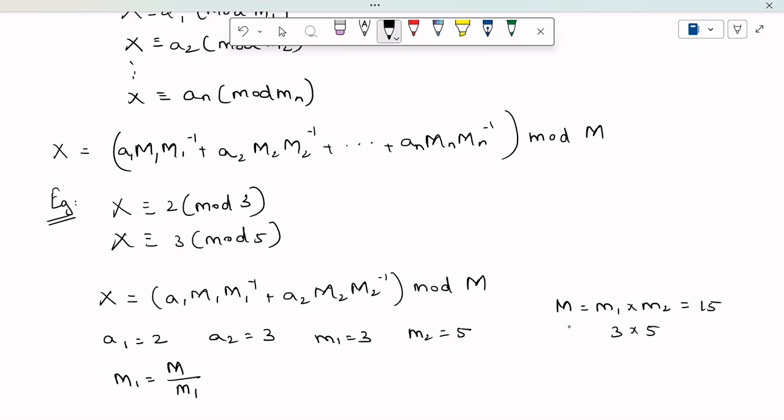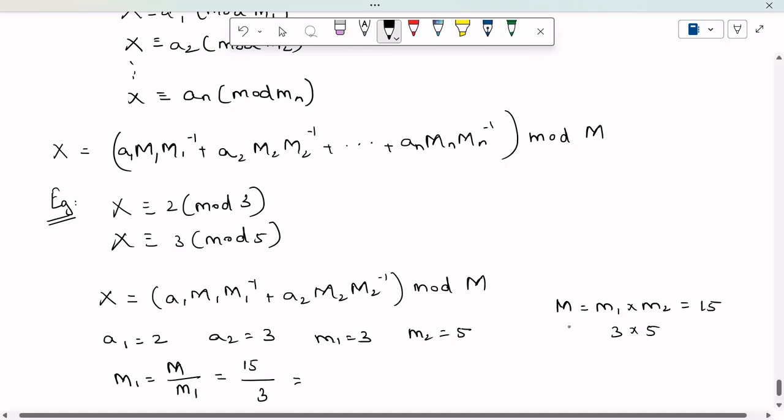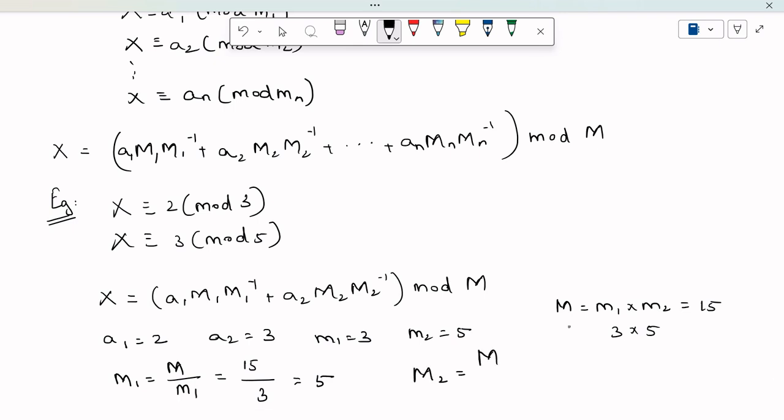So capital M1 is equal to capital M divided by small m1, that is 15 divided by 3, which is 5. Now we can compute capital M2, which is capital M divided by small m2. So this is 15 divided by 5, which is equivalent to 3.